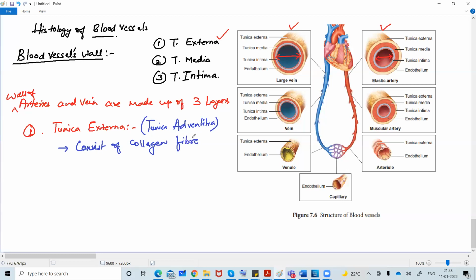And due to this collagen fiber, they have strength, so up to a limit, they can slightly expand without bursting, without getting damaged.